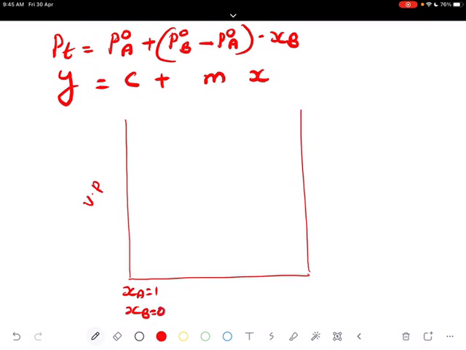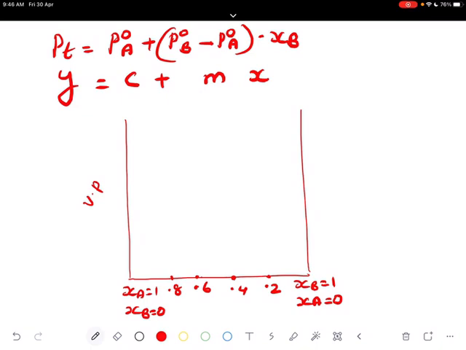And at that side XB is equal to 1. That means only the B component is present. At that time XA is equal to 0. You can consider mole fractions at different values, that is here 1, then a little less, 0.8, then 0.6, then 0.4, then 0.2, then x is equal to 0, that's it.